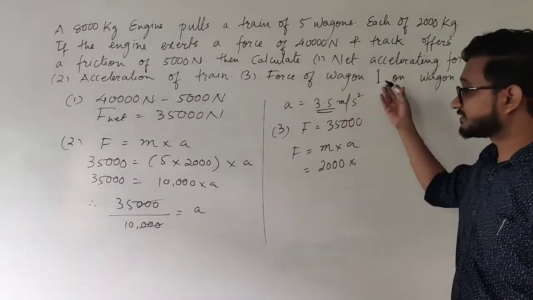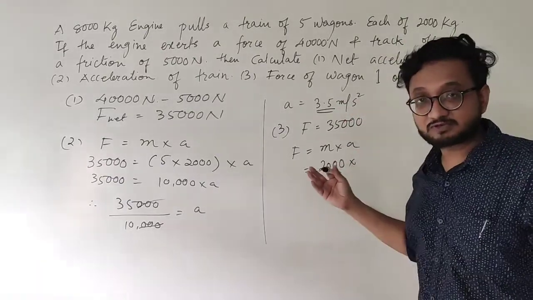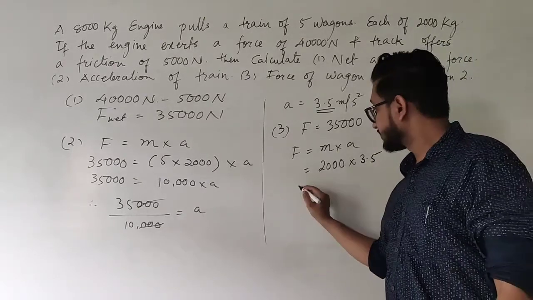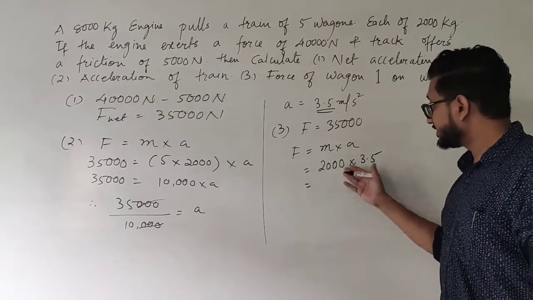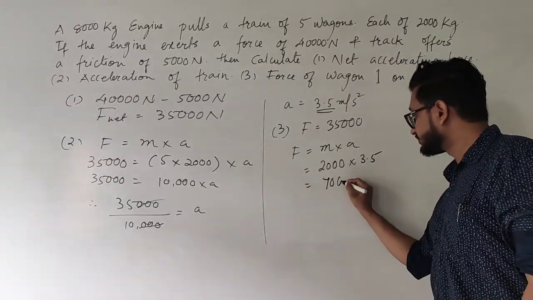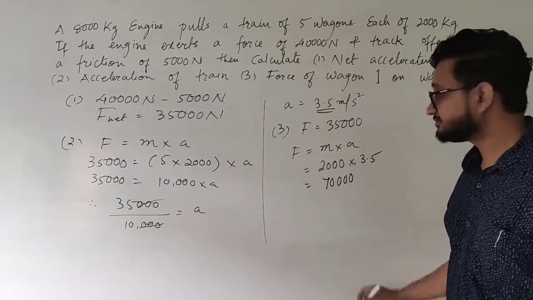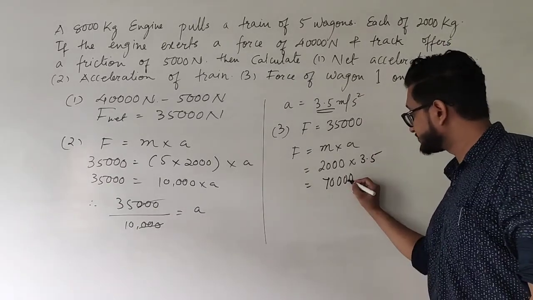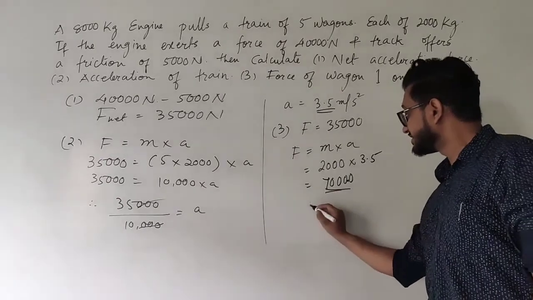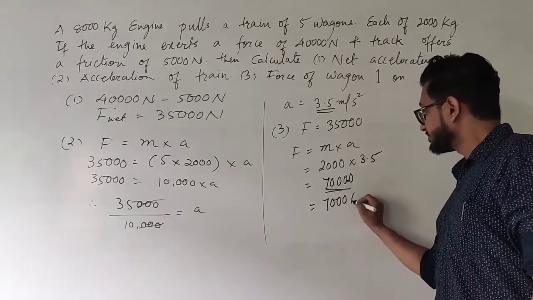So wagon 1 and 2 both have the same acceleration, so we will apply acceleration as 3.5. So what is remaining over here is 2 into 35 is 70 and 3 zeros, 1, 2 and 3. And one decimal point. So you place the decimal point moving from the right side. So your answer is 7,000 newtons.